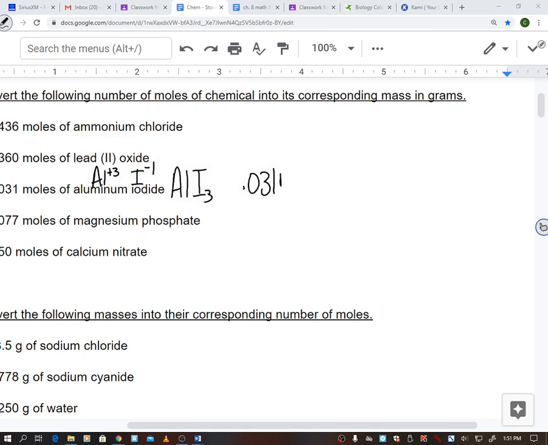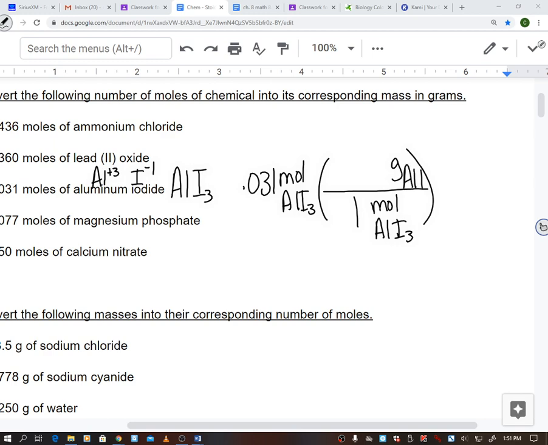So I'm starting off with 0.031 moles of AlI3, and 1 mole of AlI3, I need to know how much that weighs. So if you look on your periodic table for aluminum, it is going to weigh 27.